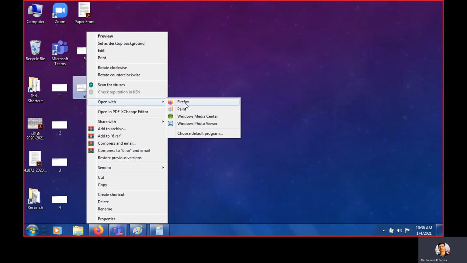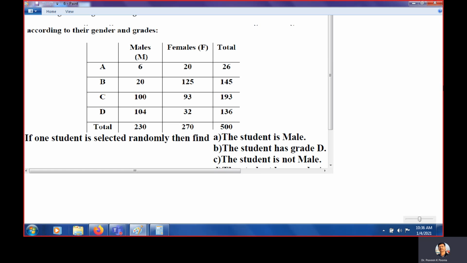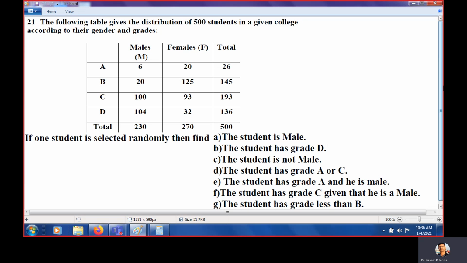Okay. Now the last question, and that is a very big question. The last question of the exercise, question number 21 over page 100. This is like in the previous lecture, we have discussed one question related to the Titanic ship.